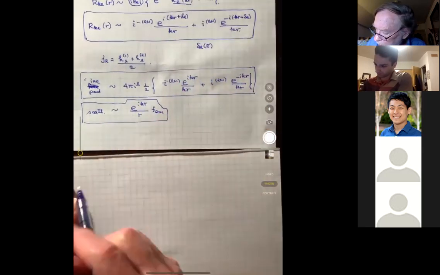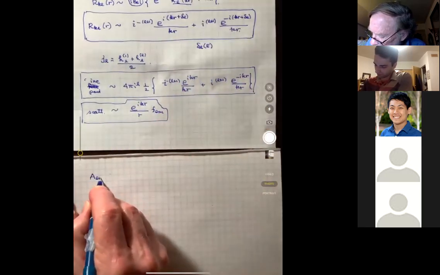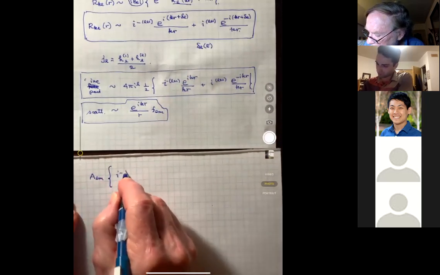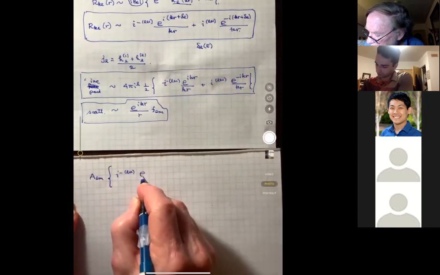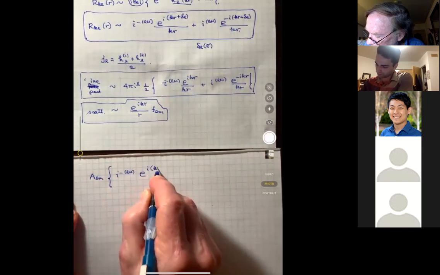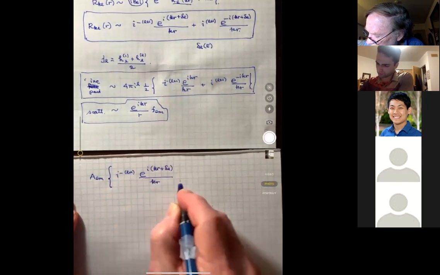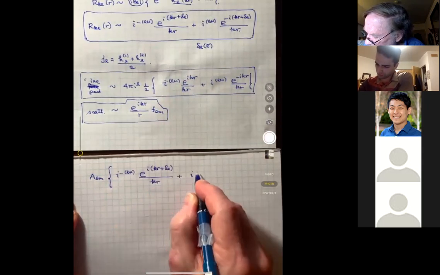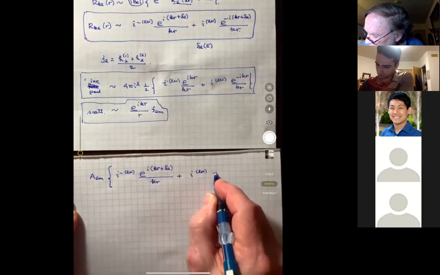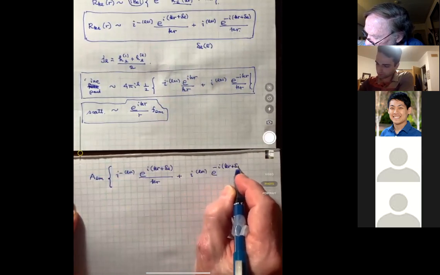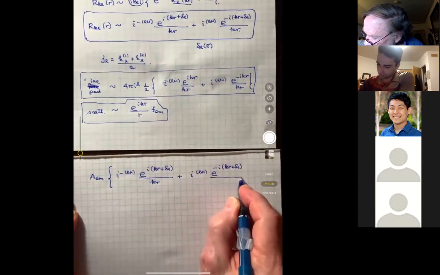So to write this out explicitly, we have ALM, we have this thing here, which is i to the minus L plus 1 times e to the i kr plus delta sub L divided by kr. Then we have the complex conjugate of that, i to the L plus 1 times e to the minus i kr plus delta L divided by kr, like so.